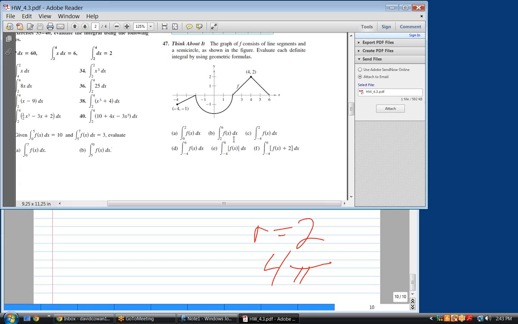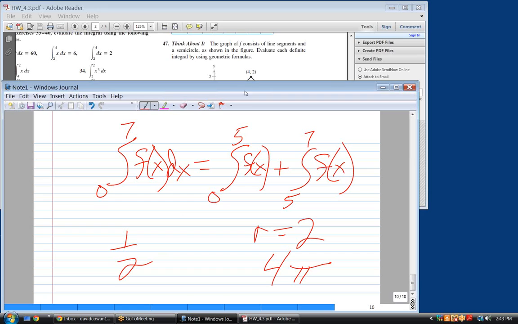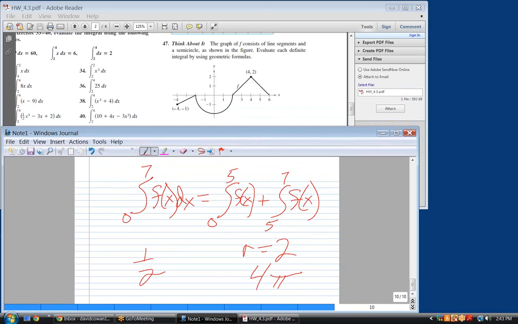Okay. B, from 2 to 6. We have a triangle with a base of 4 and a height of 2. So the area is 4, since the 2 cancels off the half.